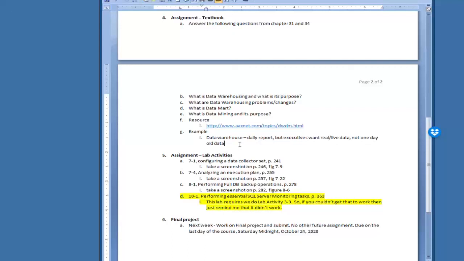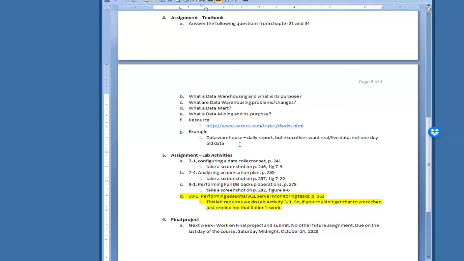And when the executives run the report, they should be running it on both the live data as well as the data warehouse, but they should not complain when they run against live data that it looks different because it is changing. So standard practice is for them to receive the report out of the data warehouse.